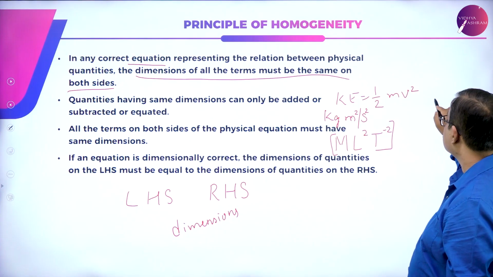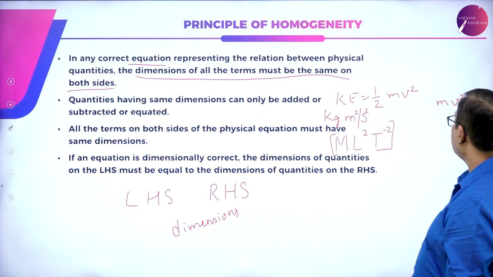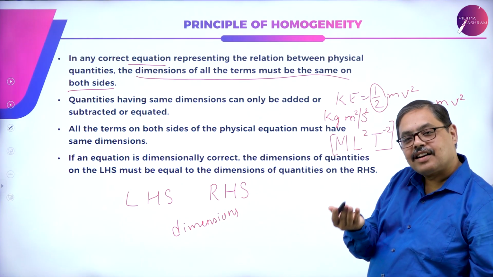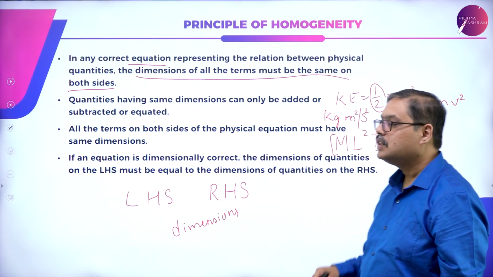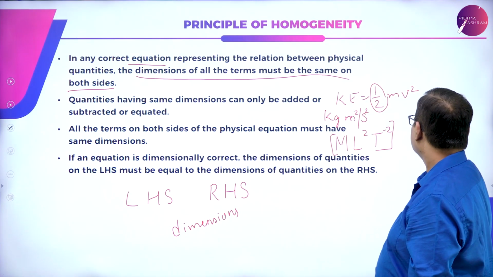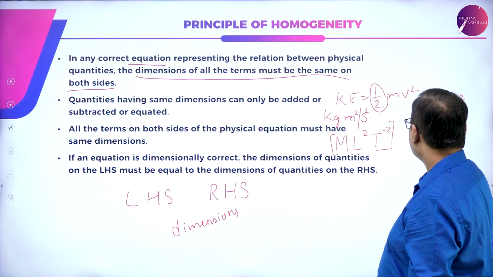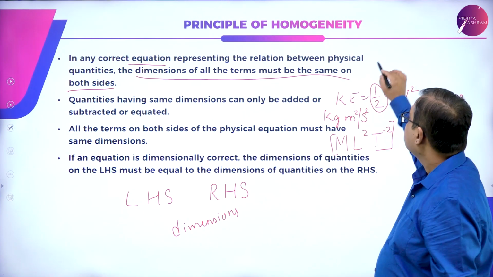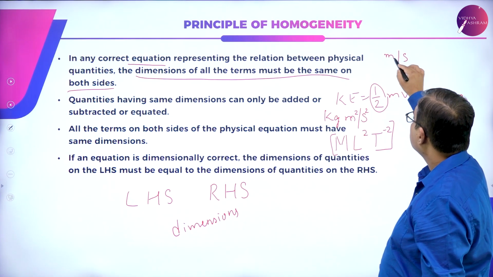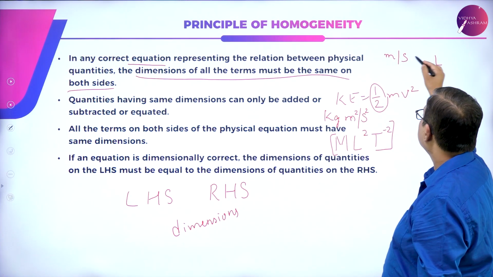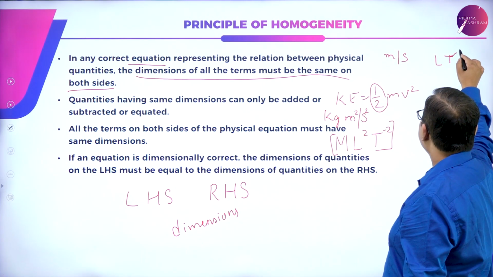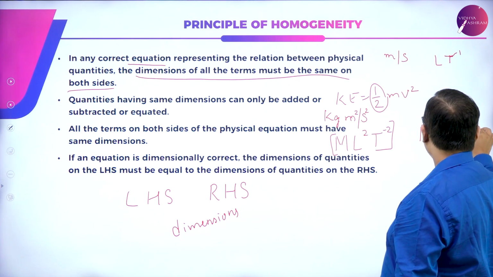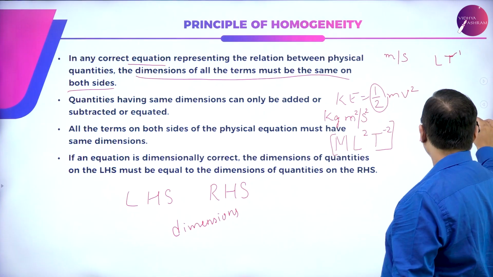Now coming to the RHS. mv square, I am considering only mv square because half is a dimensionless constant, so it does not have any dimensions. Now what do I check? Mass, 1 dimension. Then v square, the unit for velocity is meter per second. For meter there is 1 dimension of length, for per second there is minus 1 dimension of time. So this is L T to the power minus 1 whole square.